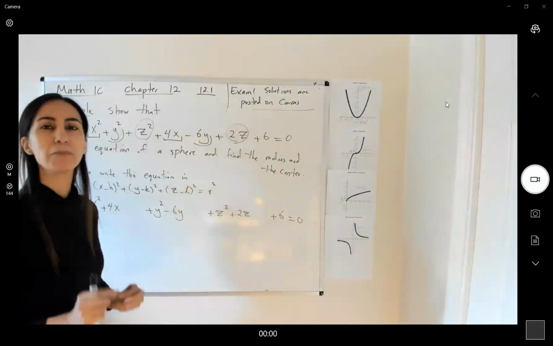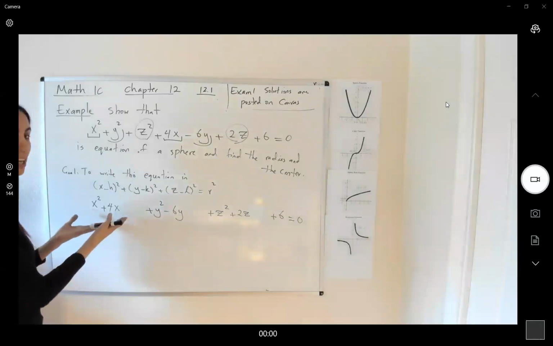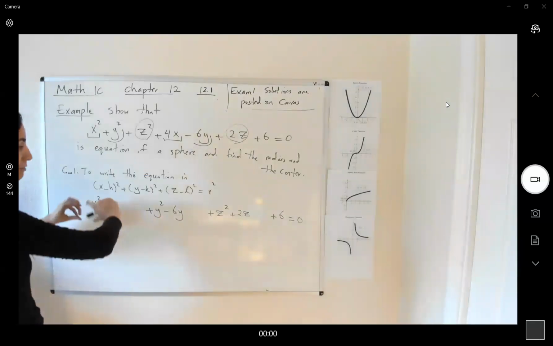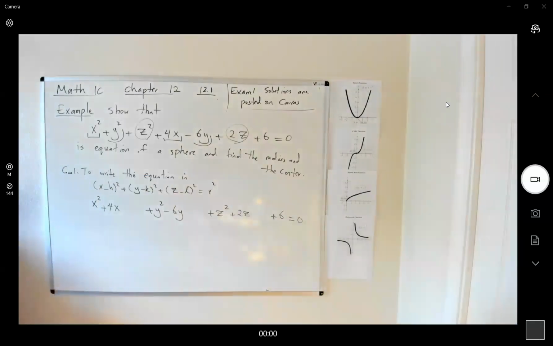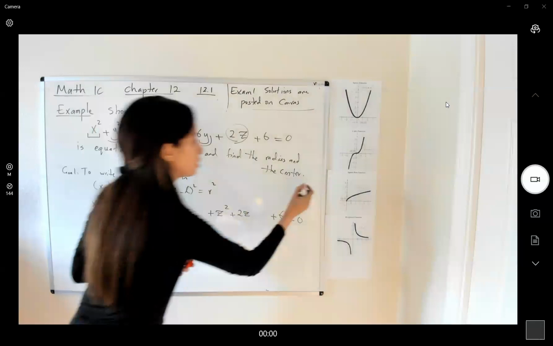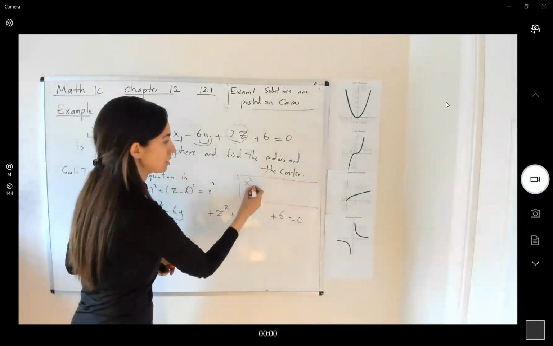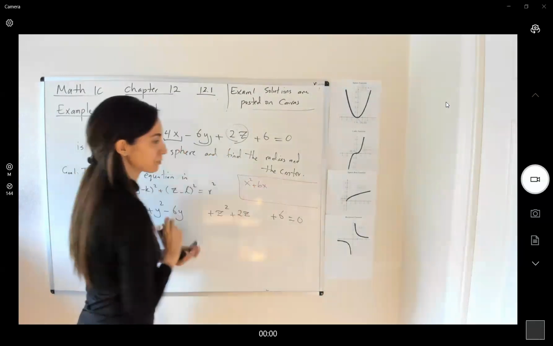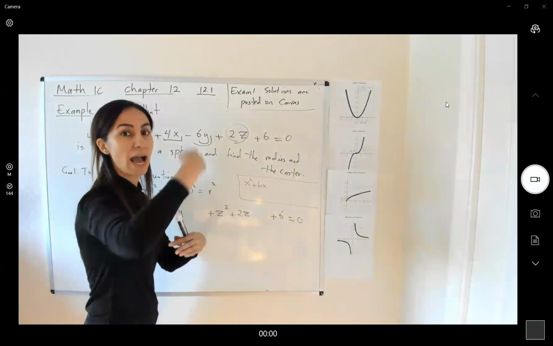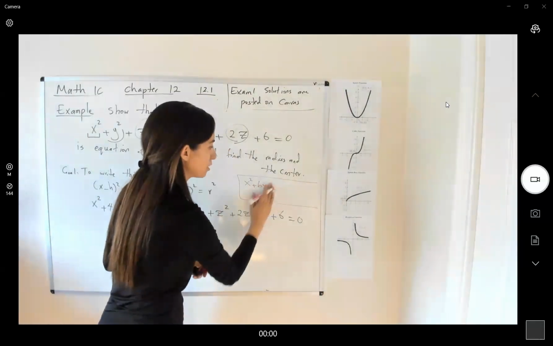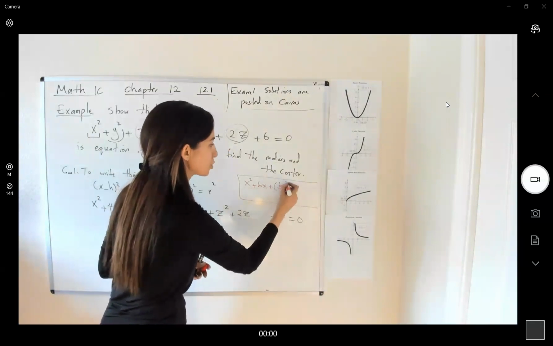We're going to complete the square and write each of these in a format that we can convert into a complete square. Remember that to complete the square, if you have x squared plus bx, you take b, divide it by 2, square it, and add and subtract b half squared.